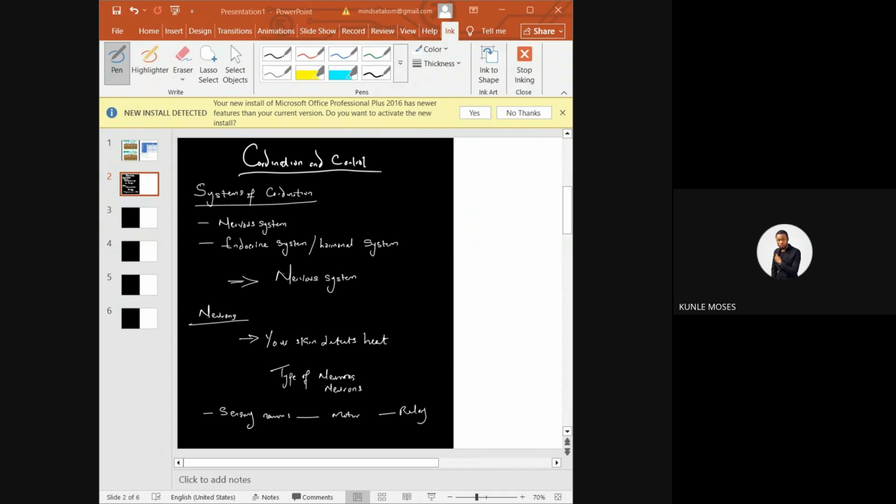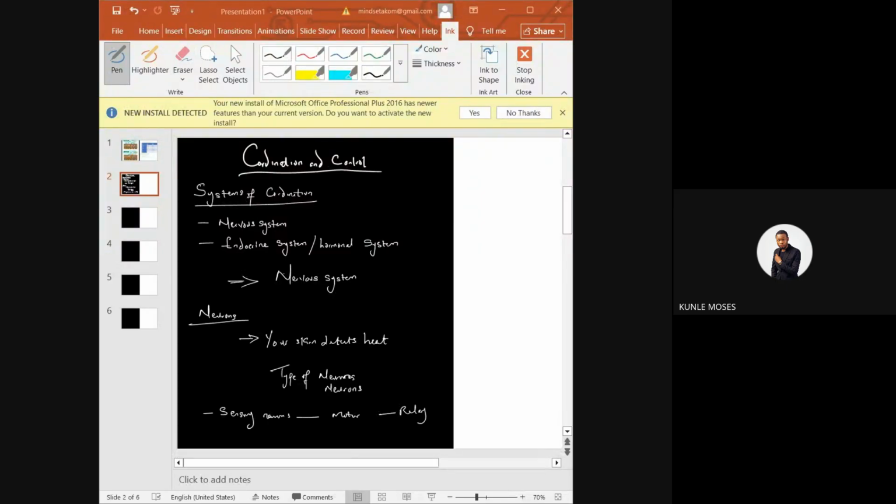So quickly, you can put it like this: the sensory neuron is the first neuron that will be in action when you detect a change, as probably I want to respond to a stimulus. The first neuron that will be initiated is the sensory neuron. The next neuron that will be initiated is the relay neuron, because it will try to connect the sensory neuron. The sensory neuron is bringing the message and sending it to the brain.